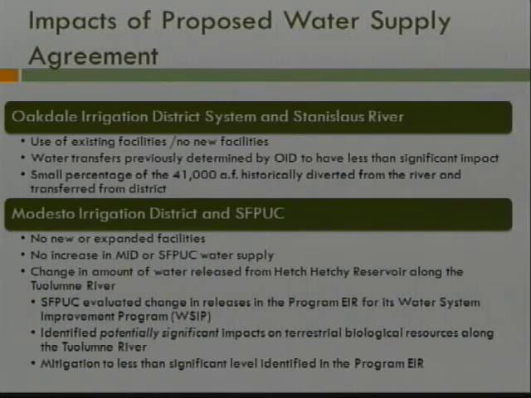The 2,400 acre-feet that are included in this water supply agreement would be part of the mitigation measure implemented by the SFPUC as part of their system. So you will see that impact, and you will see that mitigation program coming through SFPUC.